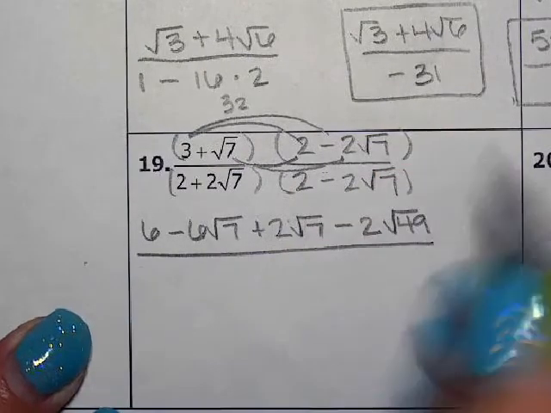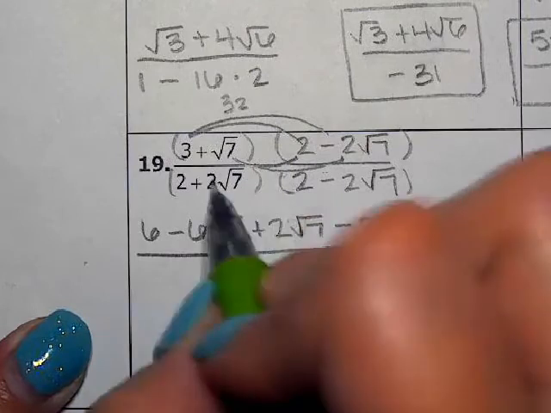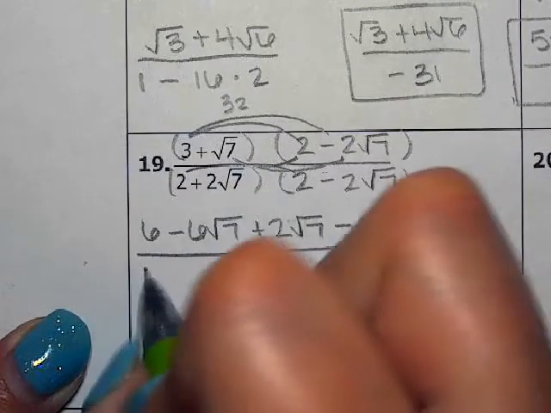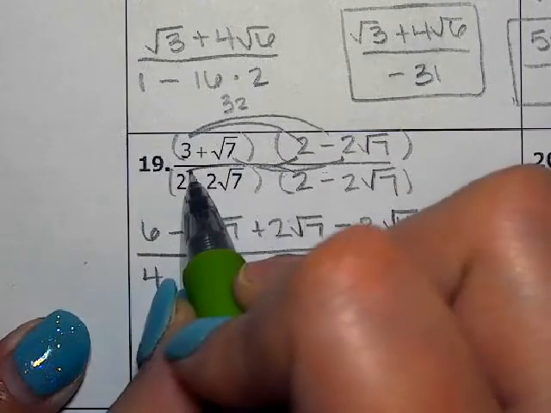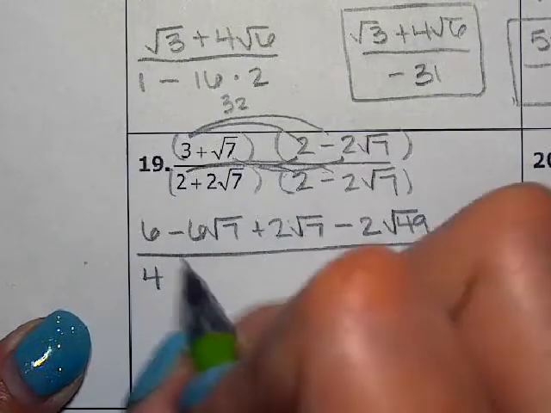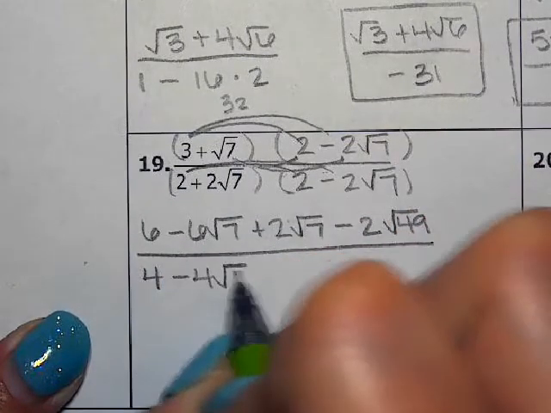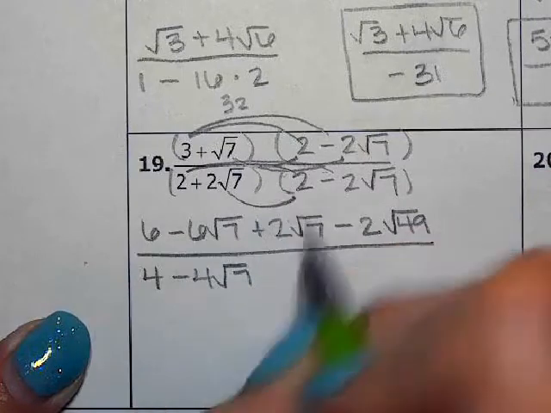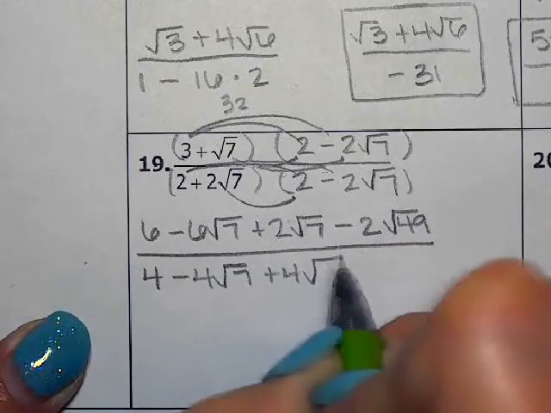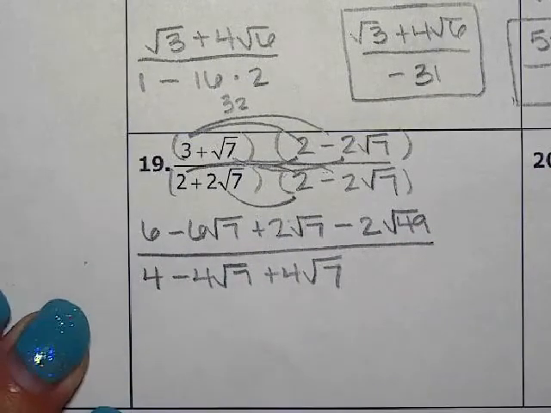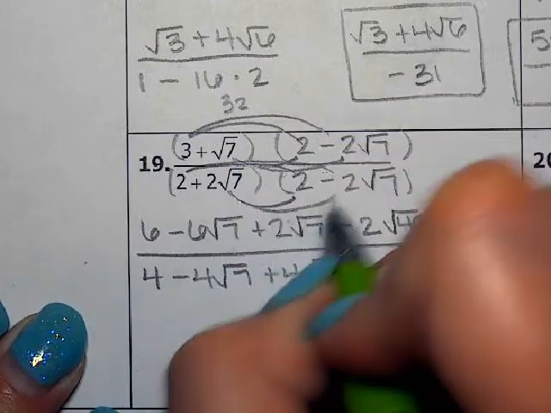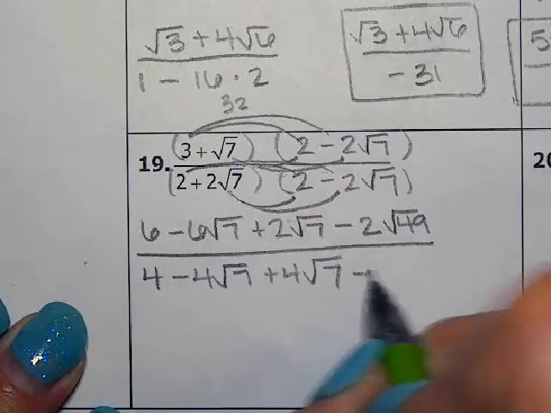Alright, time for the bottom. 2 times 2 is 4. Negative 4 root 7. Positive 4 root 7. And then negative 4 root 49.